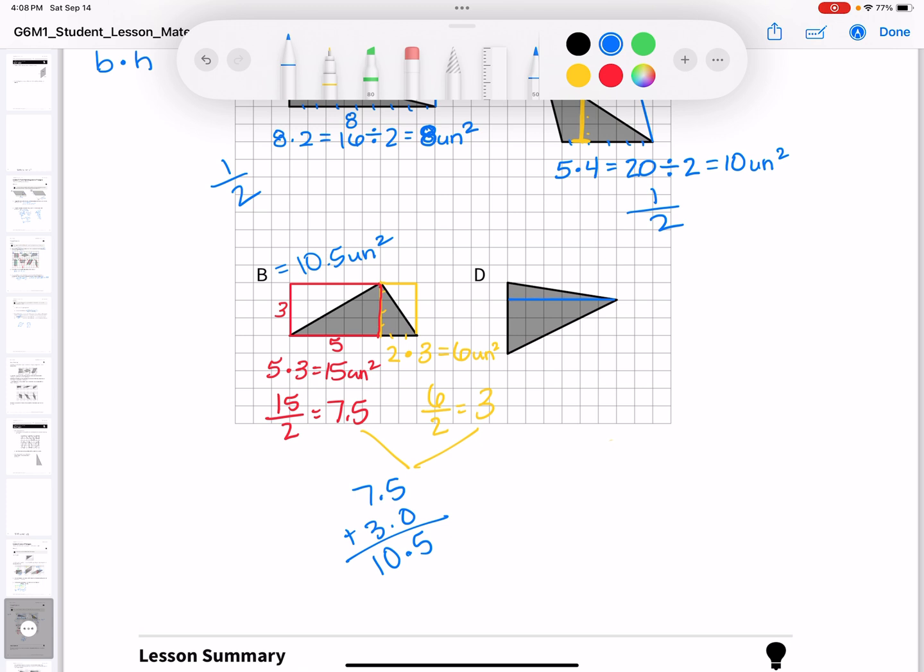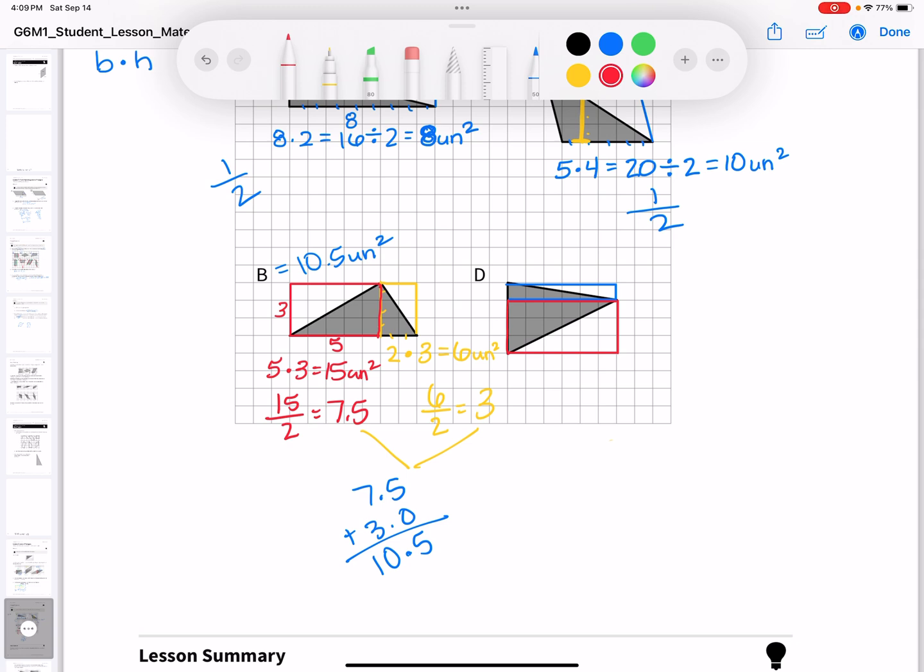Okay? So now I have a little triangle and a big triangle, right? But I can then make a copy of that little triangle, like this, and make a little rectangle. And I can also make a copy like this of the big triangle into a rectangle.